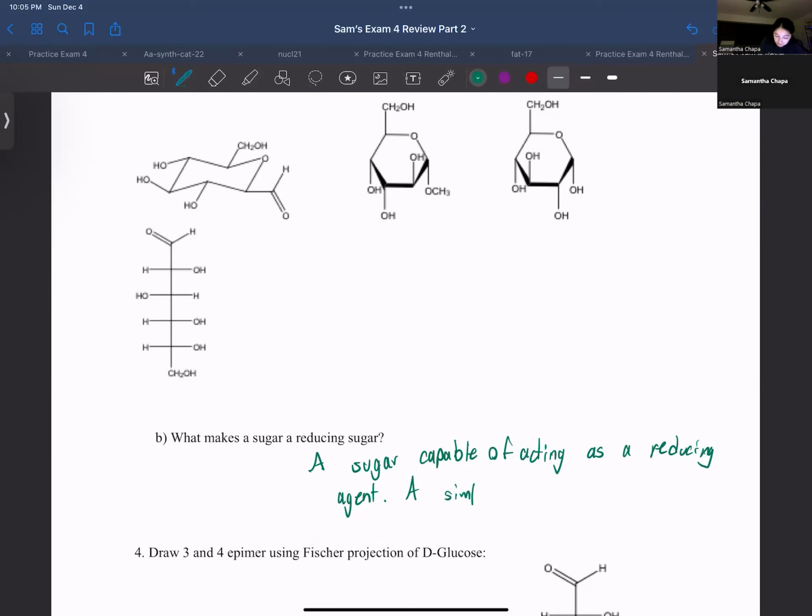Simple sugar containing a hemiacetal functional group on the anomeric carbon.